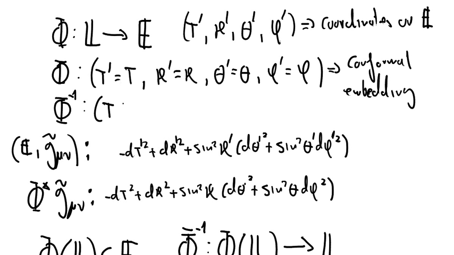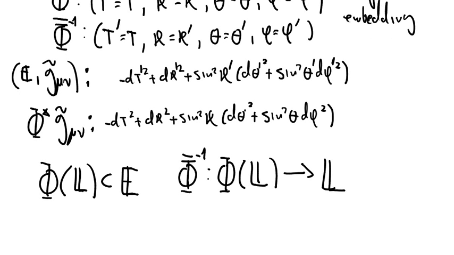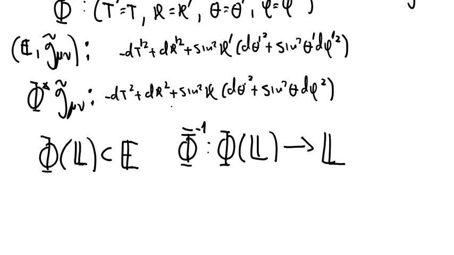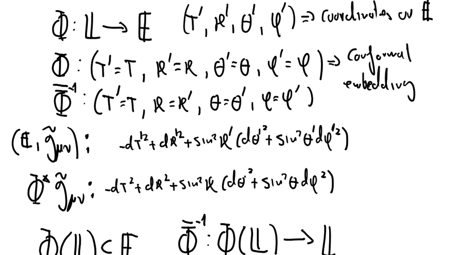So the inverse of phi is clear, but I'm going to use a different symbol for it, I'm going to put the bar, because phi is acting on the whole of L. The domain of phi is L, but the image of phi is not the whole of the Einstein static universe.